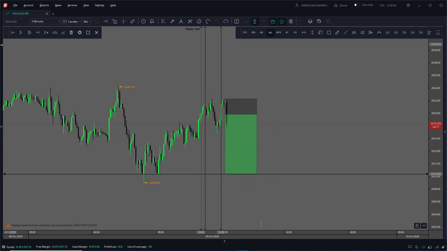So let's see what happened after that. As you can see right here, price actually moved and respected the fair value gap, right? So your trades could have been taken around this level. You could have been inside a trade around that level.